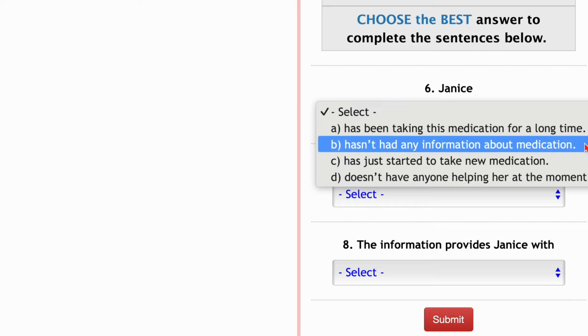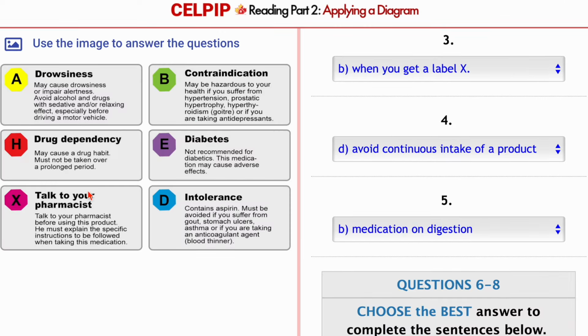She has these labels here. She has this information. She just doesn't understand them very well. So C or D? Looks like the answer is C, has just started to take new medication. She just started to take the new diabetic medication. Okay?